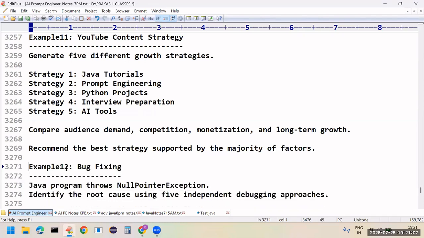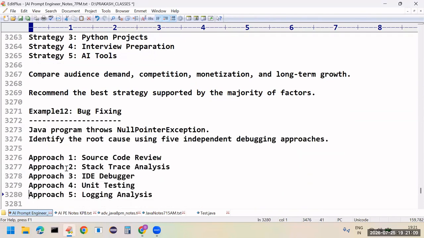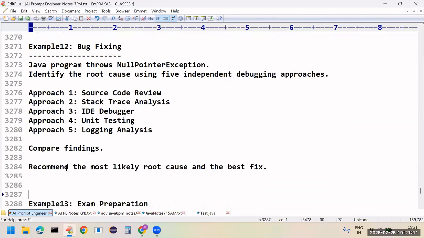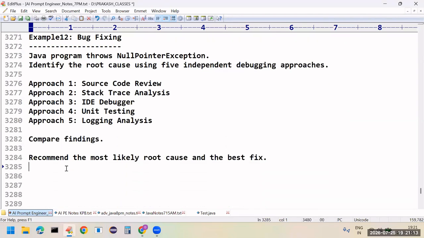Next, sir, example 2, bug fixing. Sir, my Java program throws a null pointer exception. Identify the root cause using 5 independent debugging approaches. Sir, why am I getting the null pointer exception? Can you please identify? But don't identify directly.